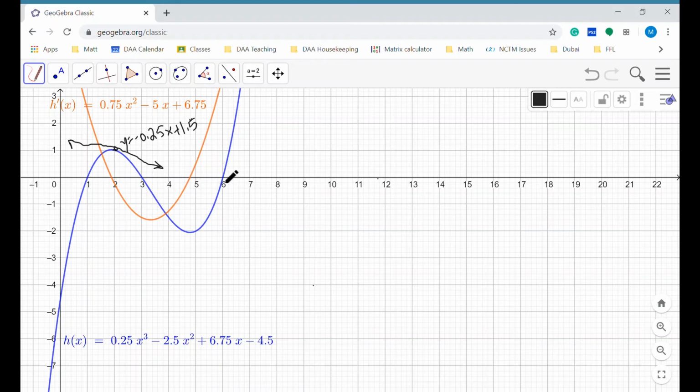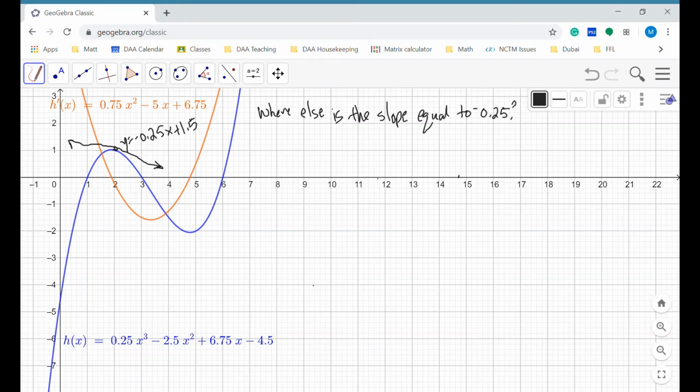So my question to you then is, where else is the slope equal to negative 0.25? That's what we want to find out.